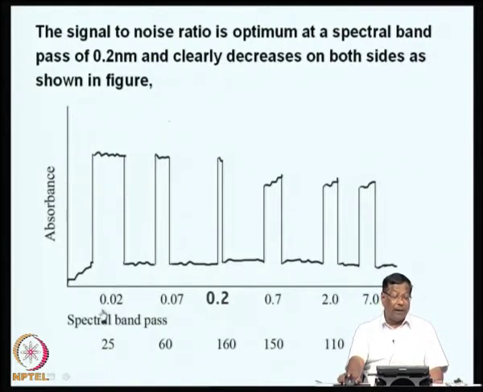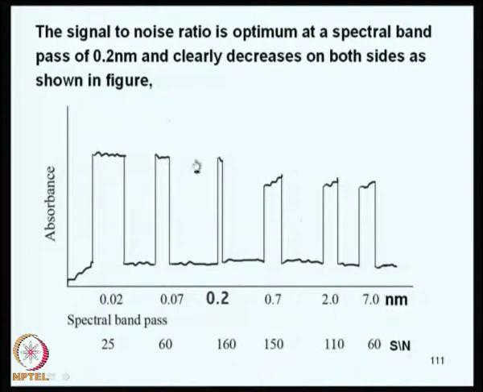You can see here this 0.02 nanometer signal, you are going to end up with very high signal, and the 0.07 is fairly broad, and signal to noise ratio here is 25, that is lowest, and if you keep on increasing you will end up with 60, 160, 150, 110 like that, different signal to noise ratios.